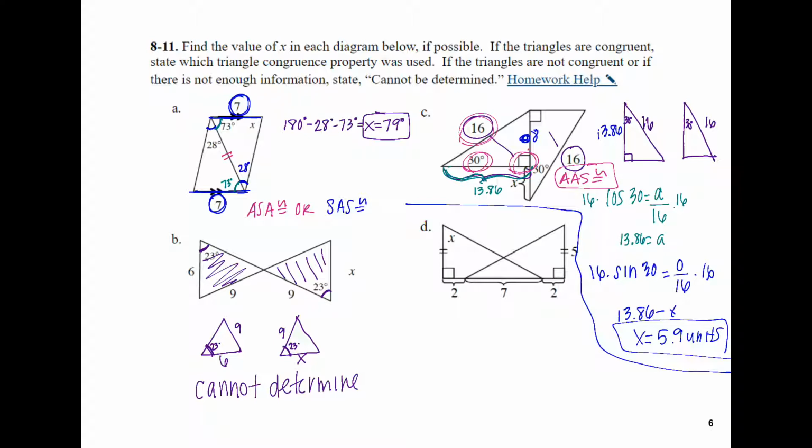Moving on to letter D, we are working with two right triangles that are laying on their long legs. I noticed that this center part is 7 and this taller part is 2. So if you drew your triangles back to back separately, I would know that this side is 9, this side is 9.